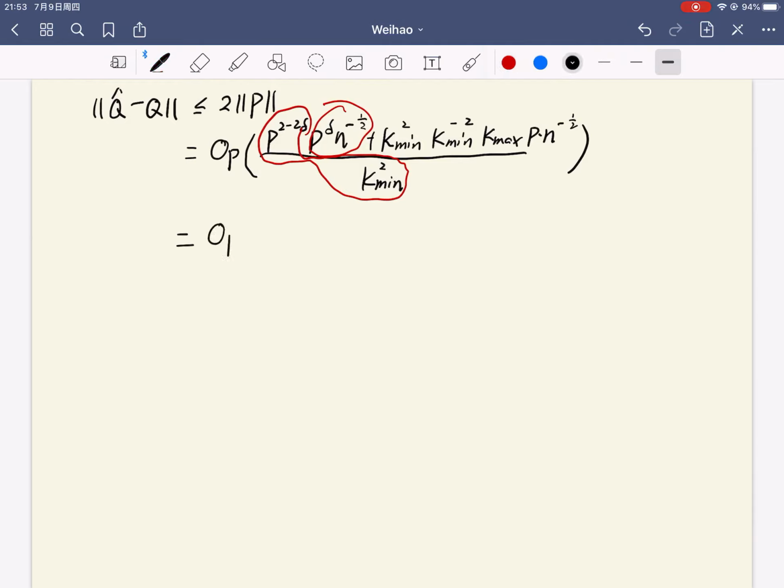We have, which is the second result for theorem 1.